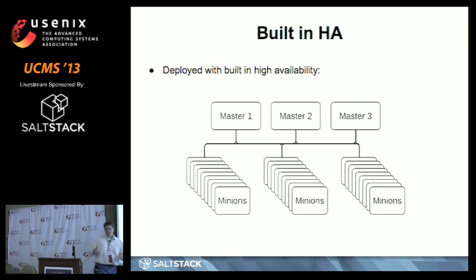Something else that is, again, very, very important inside of a scale infrastructure is the need for high availability of all components. Now, this is a fairly recent addition to Salt, but it has the ability to actively have a master tier so that it's very, very easy for Salt itself to be highly available.